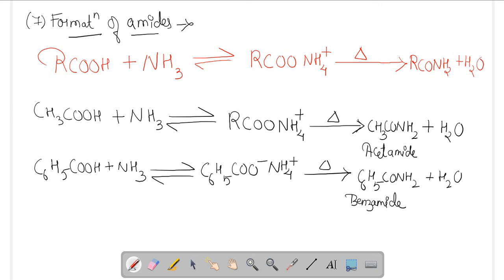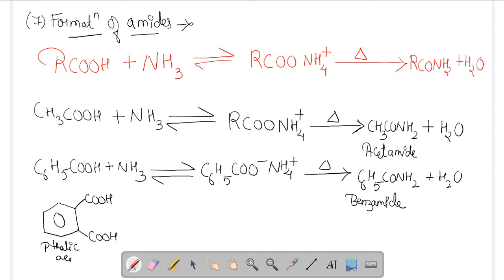Okay, next, if phthalic acid is taken, phthalic acid means C6H4 with COOH twice. This is phthalic acid.